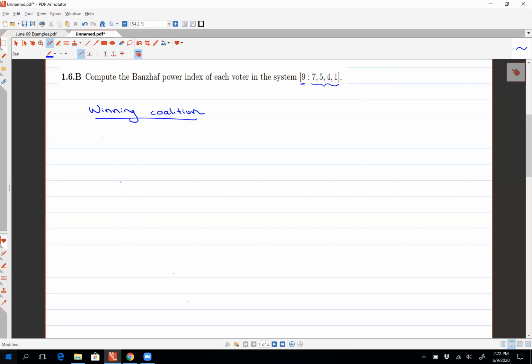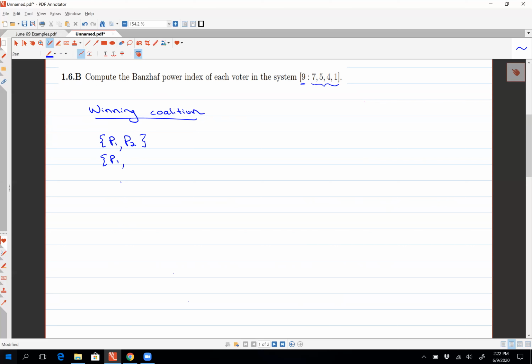But what about voter 1, and let's add the next voter, voter 2. 1 and 2 together, would they be a winning coalition? Well, yes, they would have 7 plus 5 votes for 12, and the quota is 9. So 1 and 2 on their own would be a winning coalition.